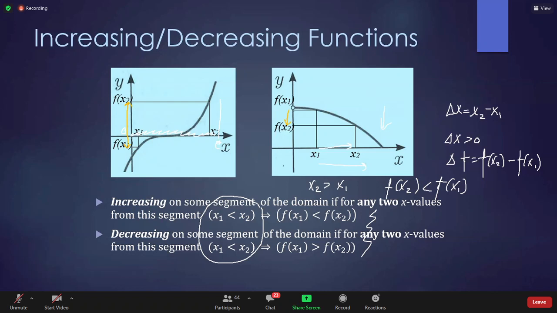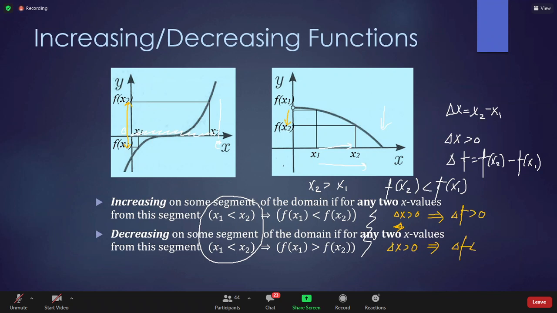So this means that for increasing functions, the positive increment of x implies a positive increment of y. And in a decreasing function, a positive increment of x implies a negative increment of y.